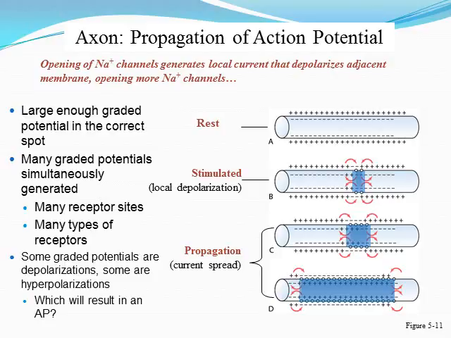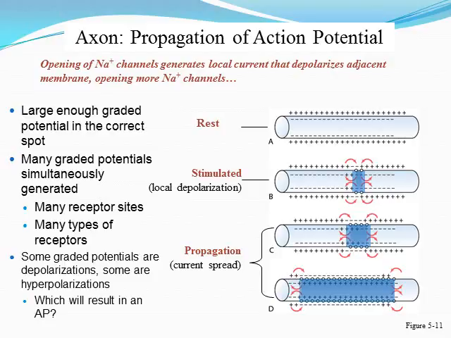So as the signal moves down the axon, we call this propagation of the action potential. What it does is the opening of the initial voltage-gated sodium channels causes sodium to enter the cell, the cell becomes more positive, and that changes the membrane potential in the neighboring areas of the membrane, which causes those voltage-gated channels to open. So you get this propagation down the axon.